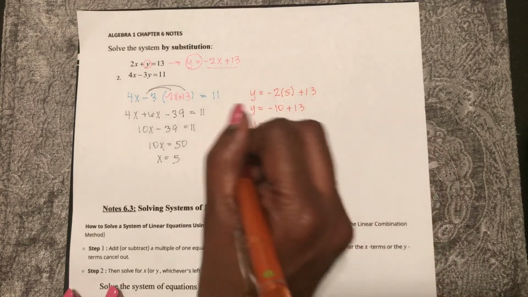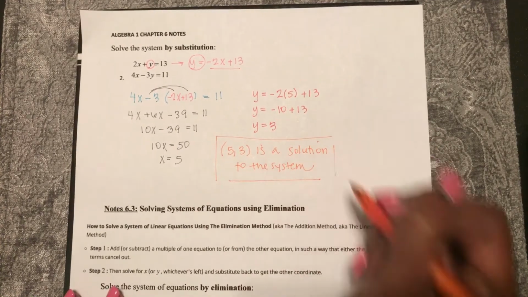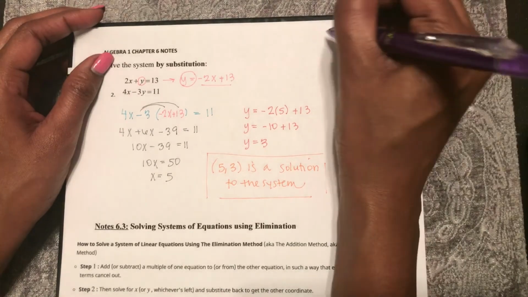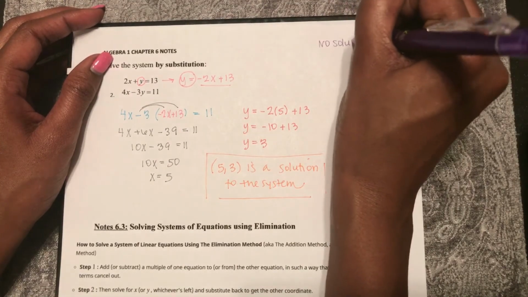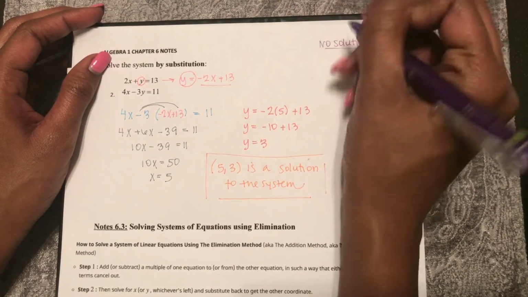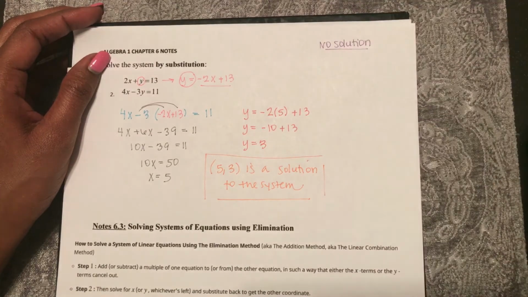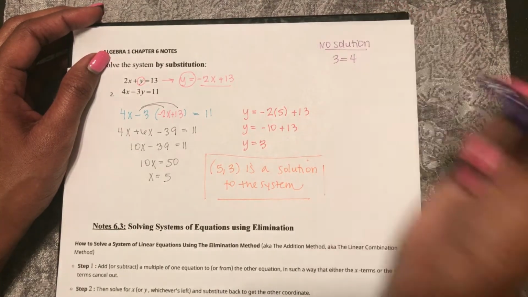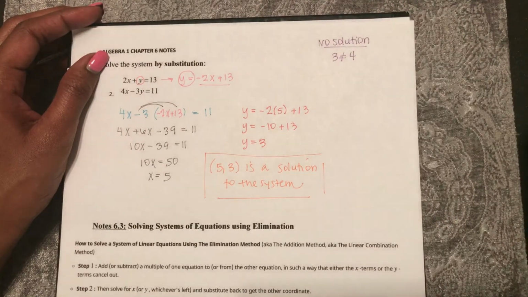So remember, there's still a possibility for infinite solutions and no solutions. So let's just remind ourselves up in the corner, no solution for a linear equation is if your variables cancel out and, for example, you're left with 3 equals 4. That is not true.